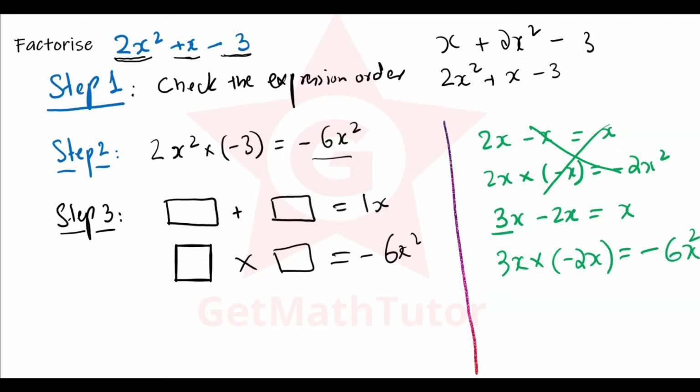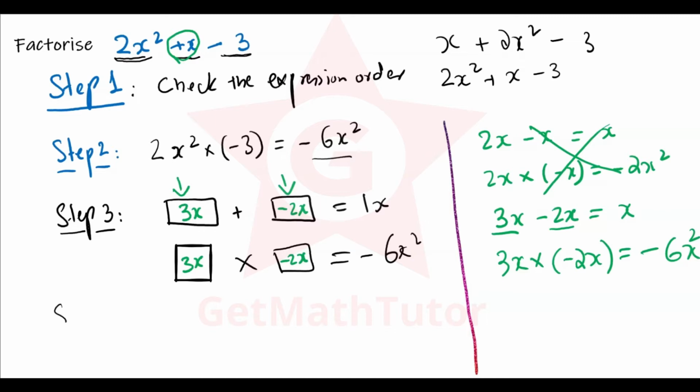So our terms are plus 3x and minus 2x. And I'm going to write these terms here. Okay, plus 3x minus 2x. All right. So now that we have got these terms, we are going to divide this x term into two terms. First one is 3x and the other one is minus 2x, and we are going to write this whole expression.